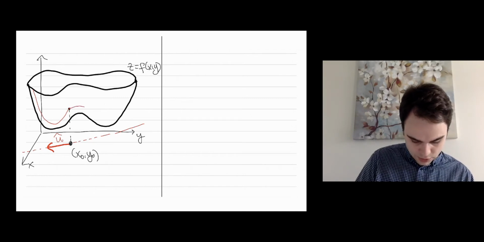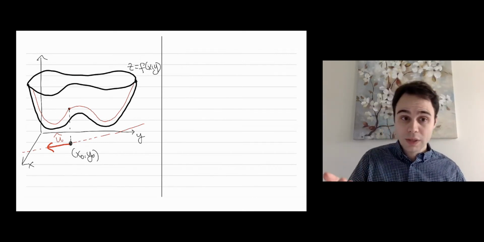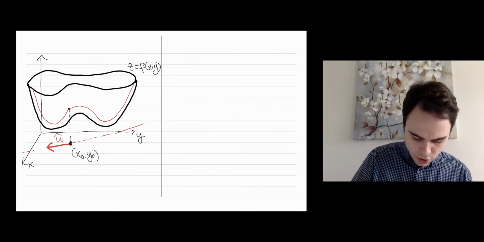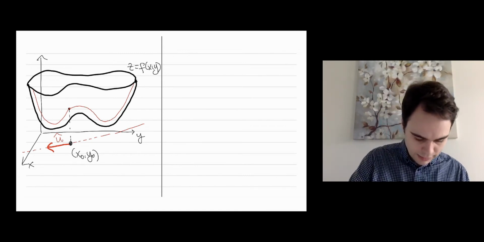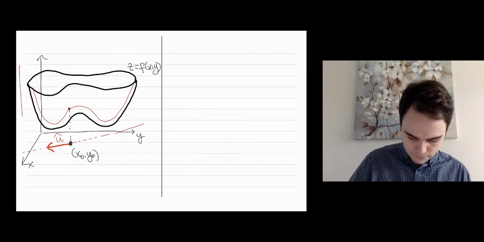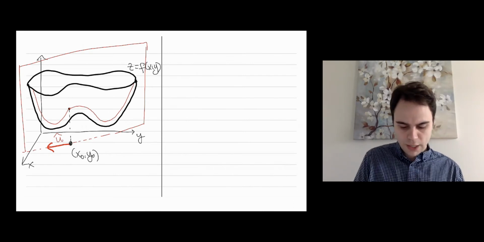I'm just applying f to all points on the line, and I'm going to get a curve like that. So one way to think about this is that this red curve is the intersection of this graph with the vertical plane with slope given by u.